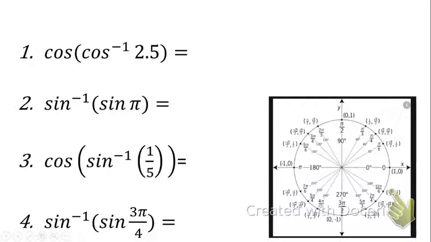So keeping in mind that when we're looking at our sine and cosine wave, this number here for sine and cosine, when we're talking about an inverse, has to fall between negative 1 and 1.